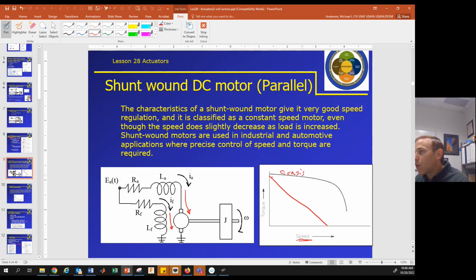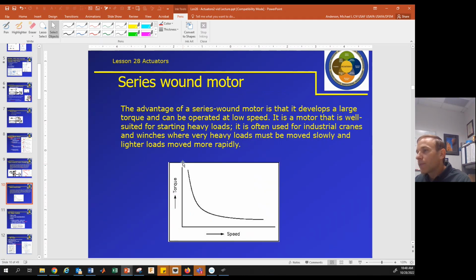That can be really useful for lots of industrial applications where you might want to change the speed of how the motor's operating, but still be lifting a load or providing a similar torque. You don't want the torque changing constantly with your speed. Okay, series wound gives you another different characteristic. Again, remember a PMDC motor would have that straight line.